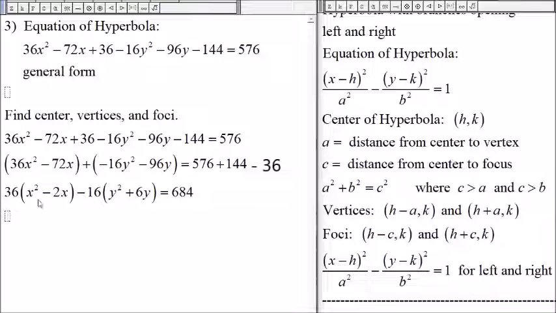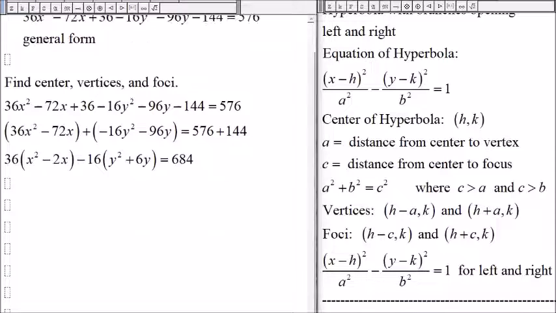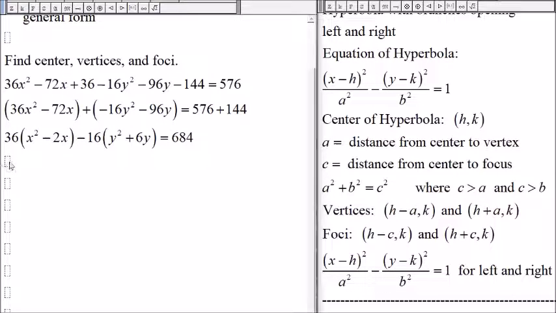And now we want to do what's called completing the square. And so we'll do half of negative 2, which is negative 1. And then do negative 1 squared.